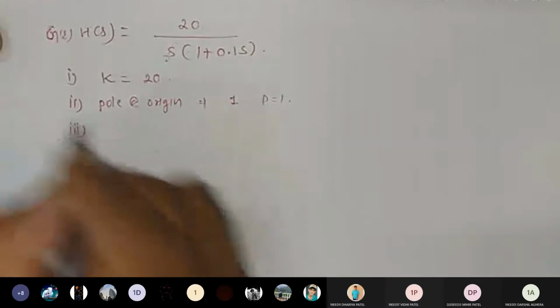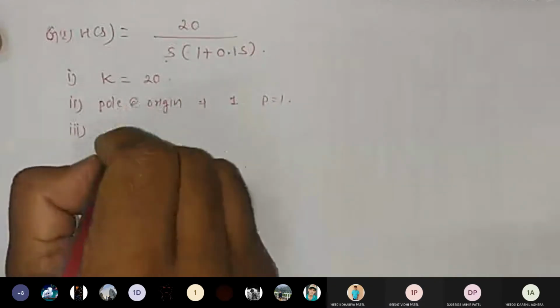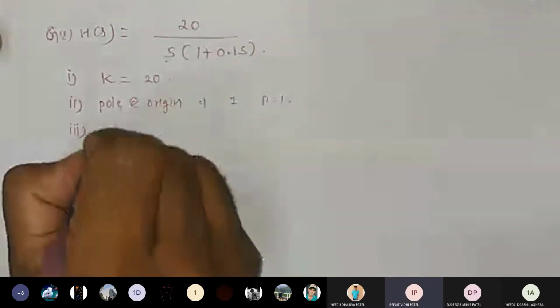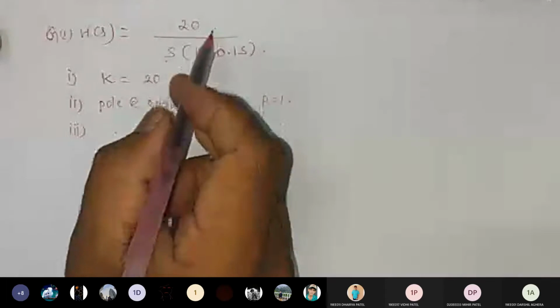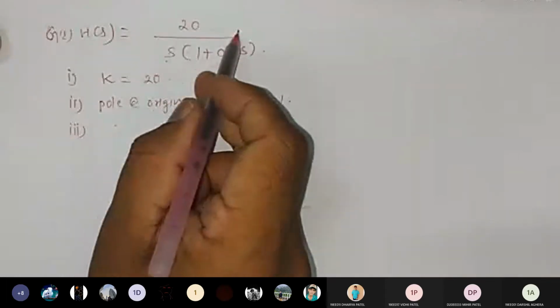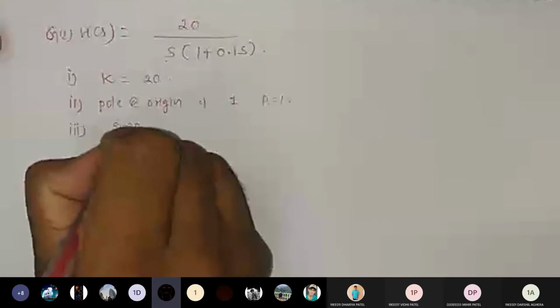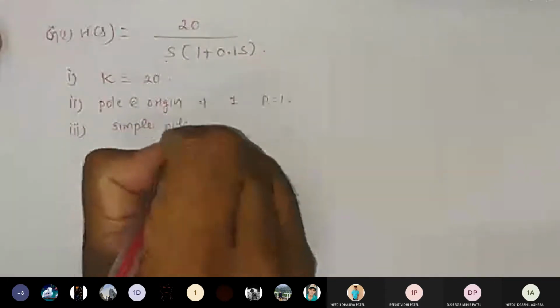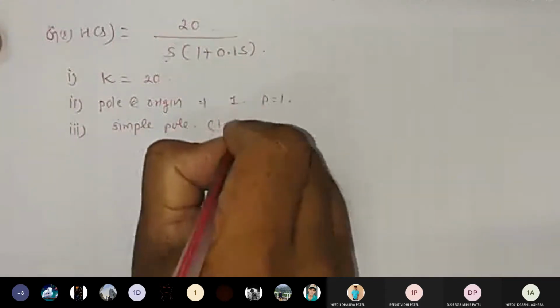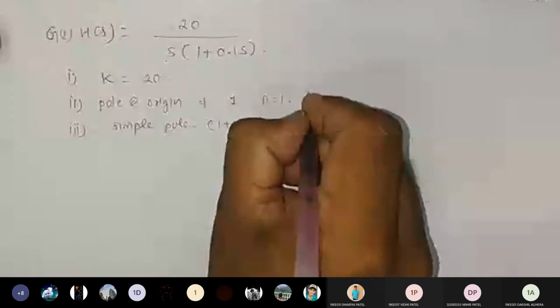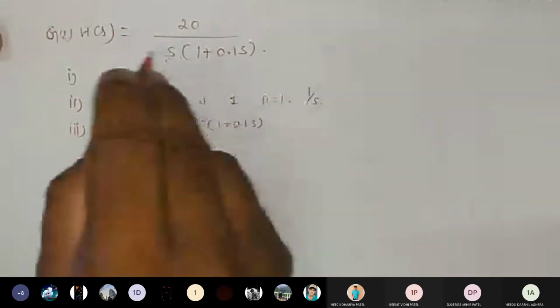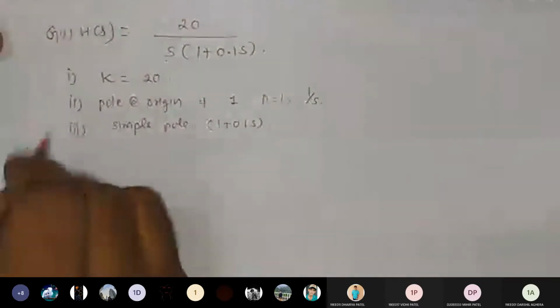Third factor is what? Zero at origin? There is no zero here. Simple pole: 1 plus 0.1 into s. So this is your 1 upon s and this. There are only 3 factors.